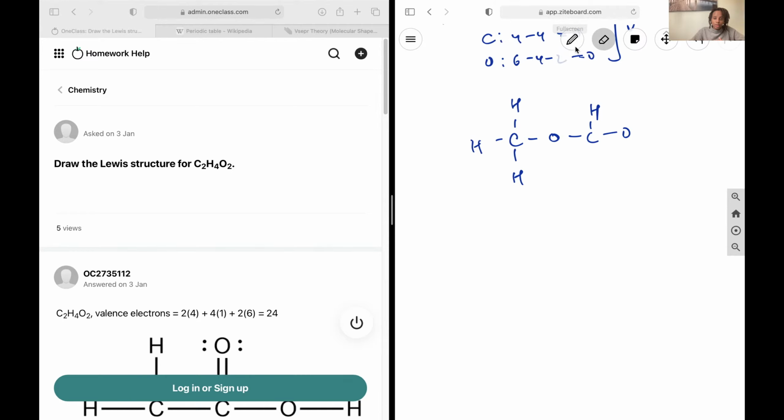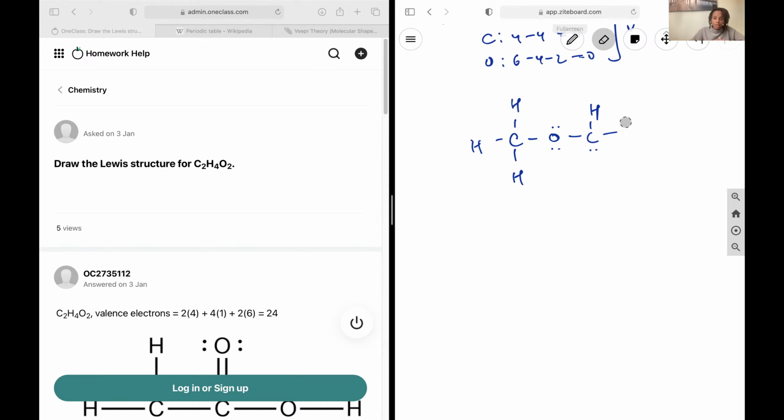And I only have 4 hydrogens. Fill in all of my octets. Okay, now double check everything. 2, 4, 6, 8, 10, 12, 14, 16, 18, 20, 22, 24, 26. So again, I have too many electrons.